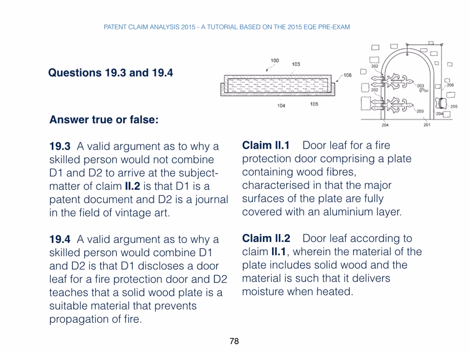But the question is, is that a valid reason? The advantages of solid wood are set out in paragraph 7. What does D2 teach for solid wood? So let's revert to the examiner's report and we'll find out the answers to those questions.